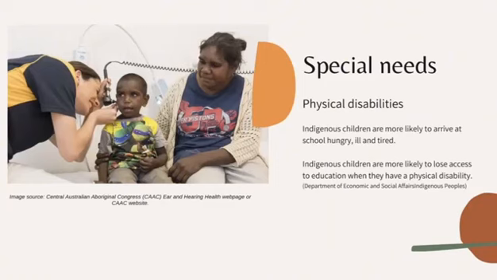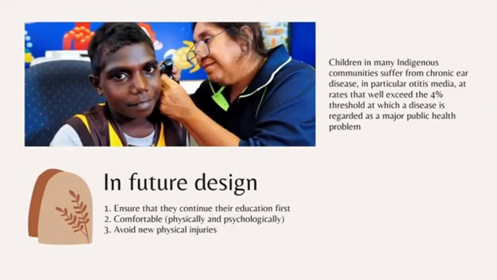Children in many indigenous communities suffer from chronic ear disease at a rate that well exceeds the 4% threshold, at which a disease is regarded as a major public health problem. So in future design, there is a need to ensure that they continue their education first.